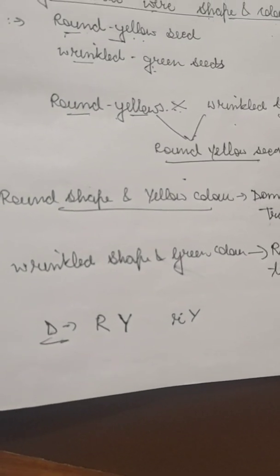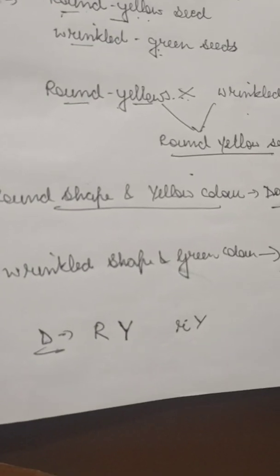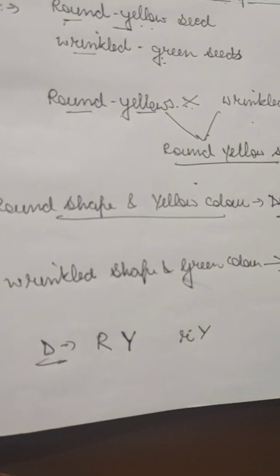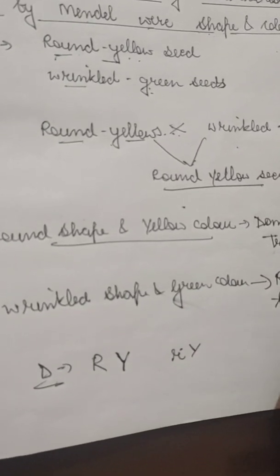Now, he crossbred for 2 generations. For the first generation, when he crossbred the pea plants, he got just round yellow seeds.